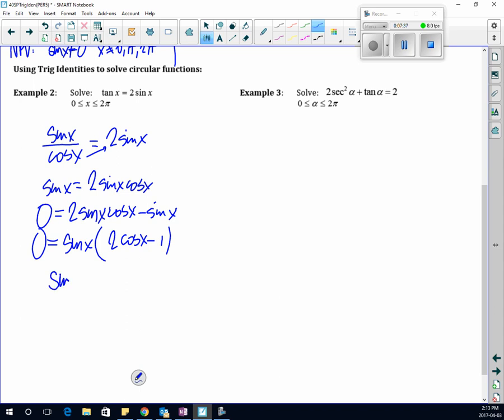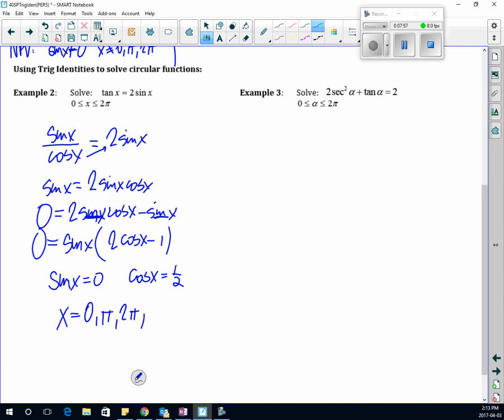Set the factors equal to 0, which means sine x equals 0. Look, if it was equal to 0, we would have divided. Cos x equals 1/2. Okay, so where is sine x equal to 0? Between 0 and 2 pi, it says. 0, pi, 2 pi.